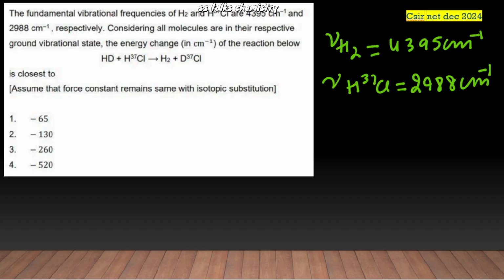So this statement is important. We have to consider the ground vibrational state, the energy change in the reaction given below, assuming the force constant remains the same with the isotopic substitution.